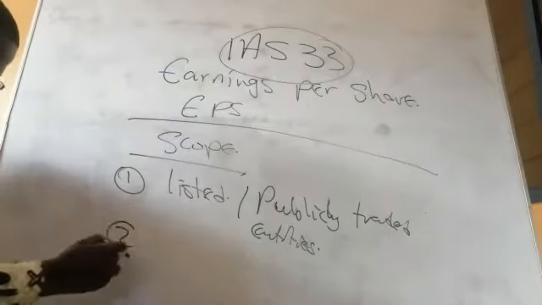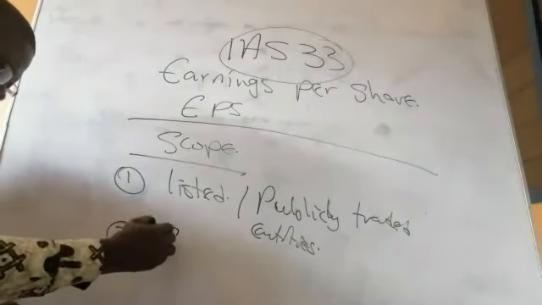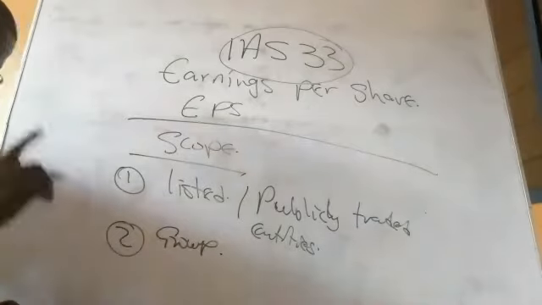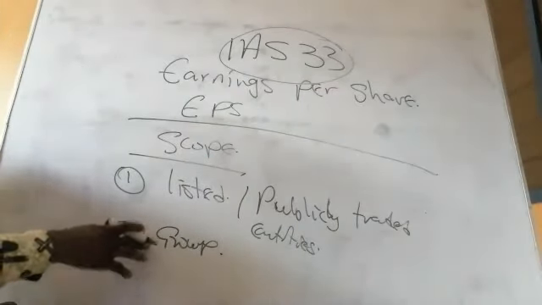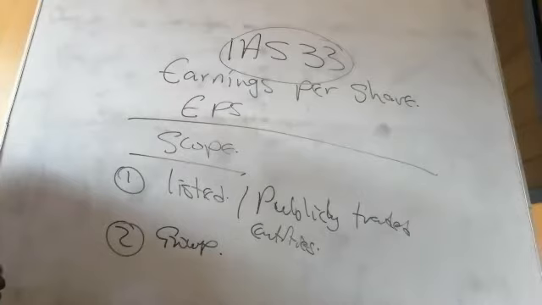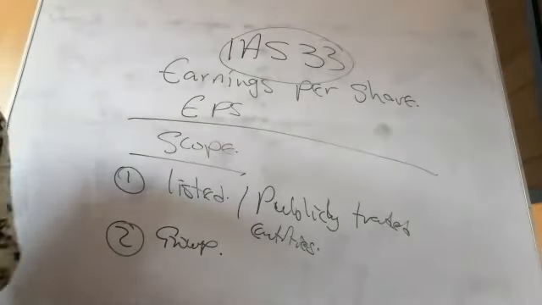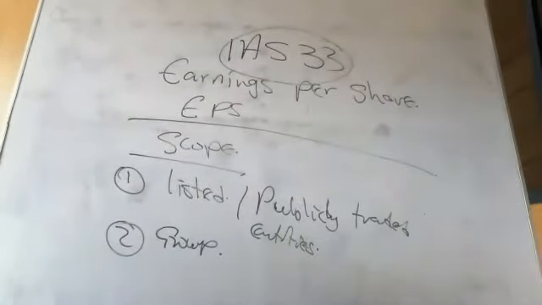For the group, the parent's ordinary shares must be traded publicly, or it files for annual return, or is in the process of filing. These are the entities that must present earnings per share in the financial statements prepared.